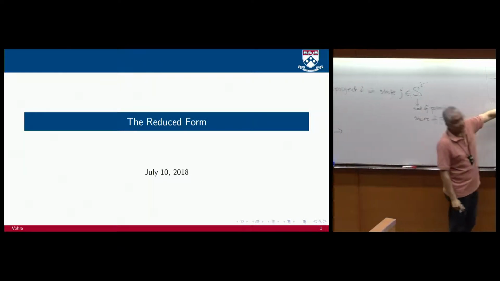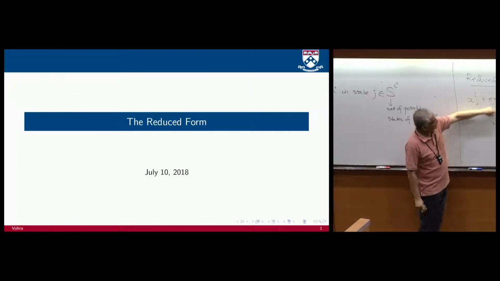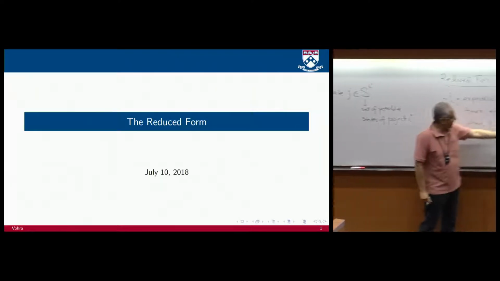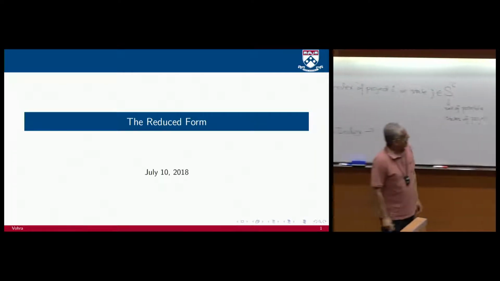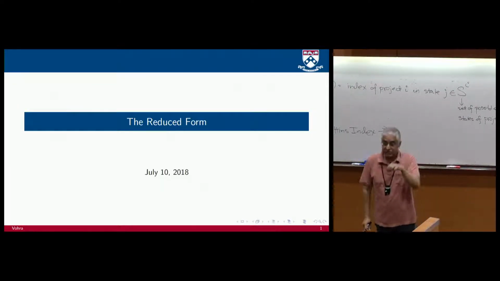Xij, the expected discounted number of times you engage project i when it is in state j.